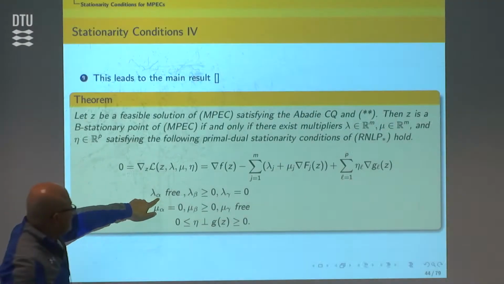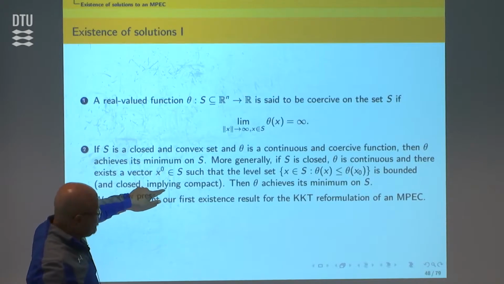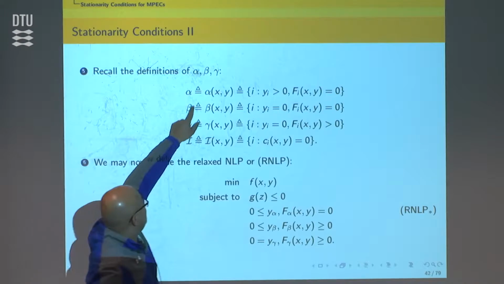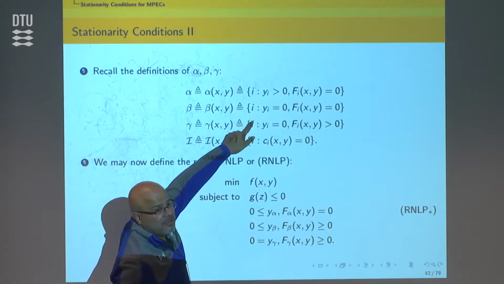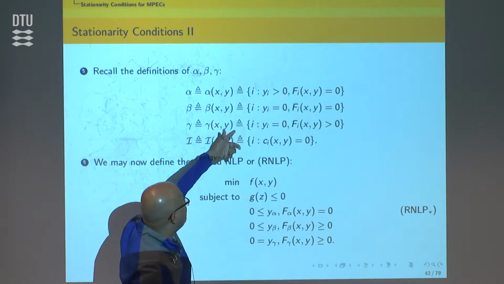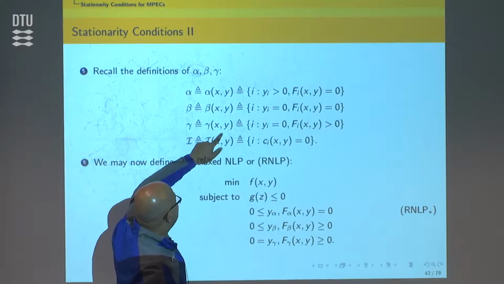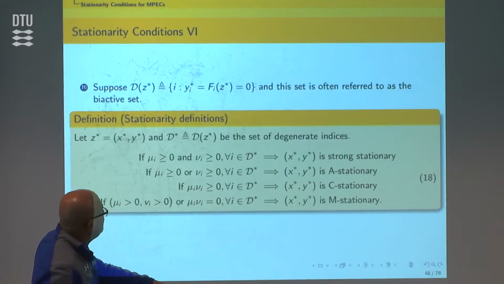Look at this. This alpha is free because yi, oh sorry, I'm going in the wrong direction. Alpha corresponds to when yi is positive. So for those, when I take the gradient, only the alphas will show up. For this one, let me show you. Sorry, the alphas are 0 for that one.